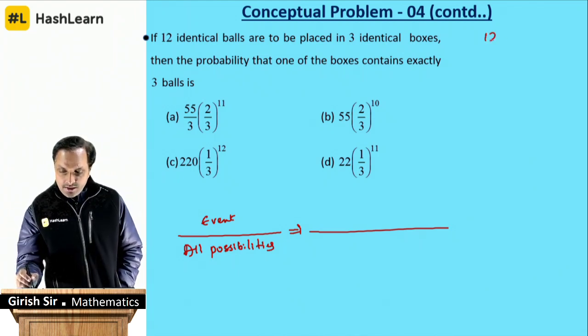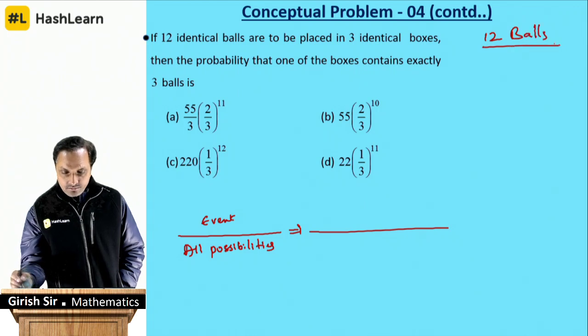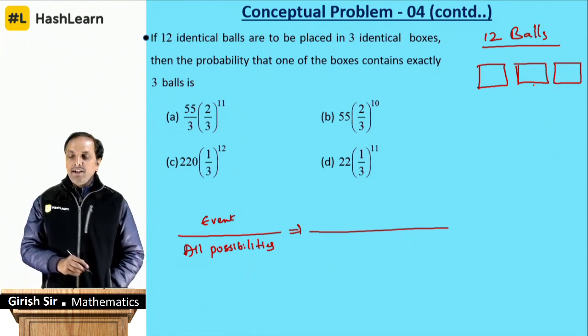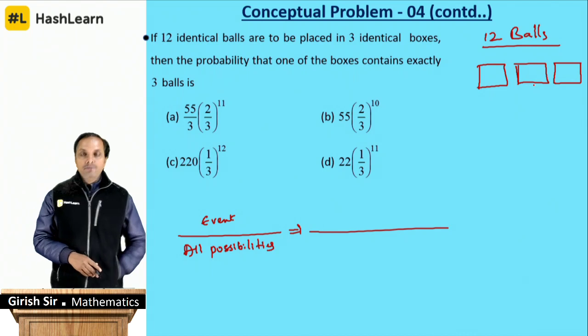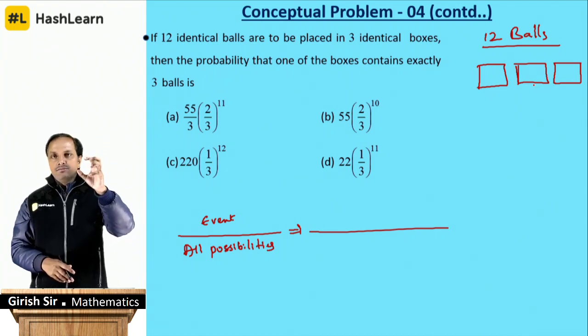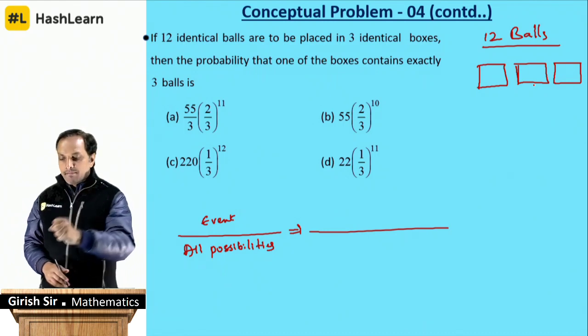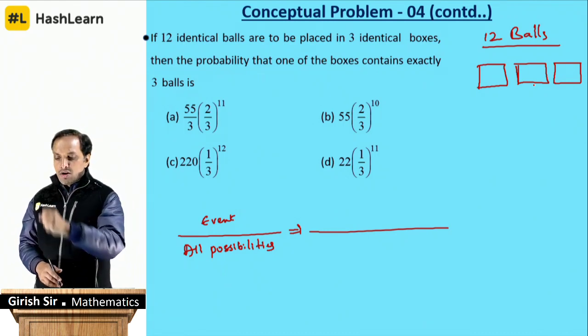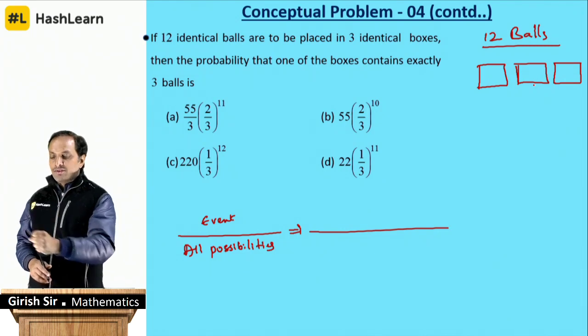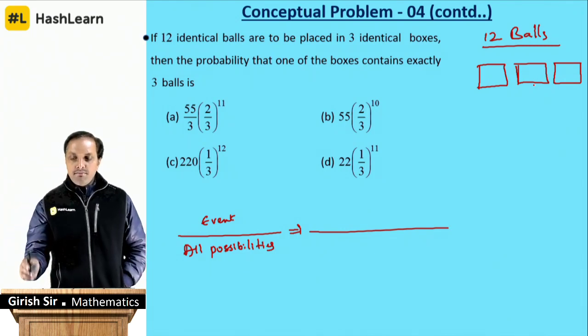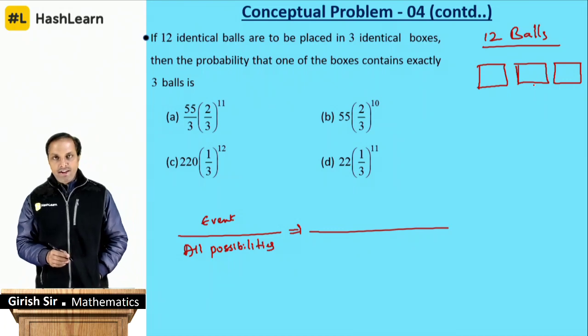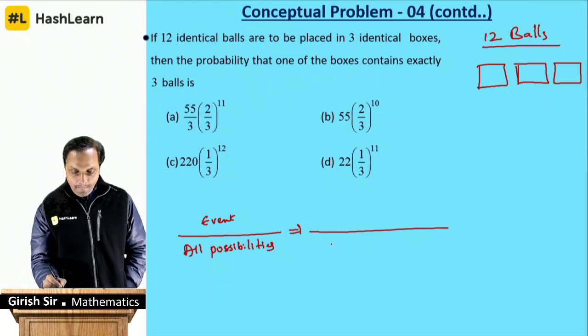There are 12 balls, and there are 3 boxes: box 1, box 2, and this is your box number 3. See what I'll do. I'll take one ball. That ball I can put in box 1 or box 2 or box 3. 3 ways.